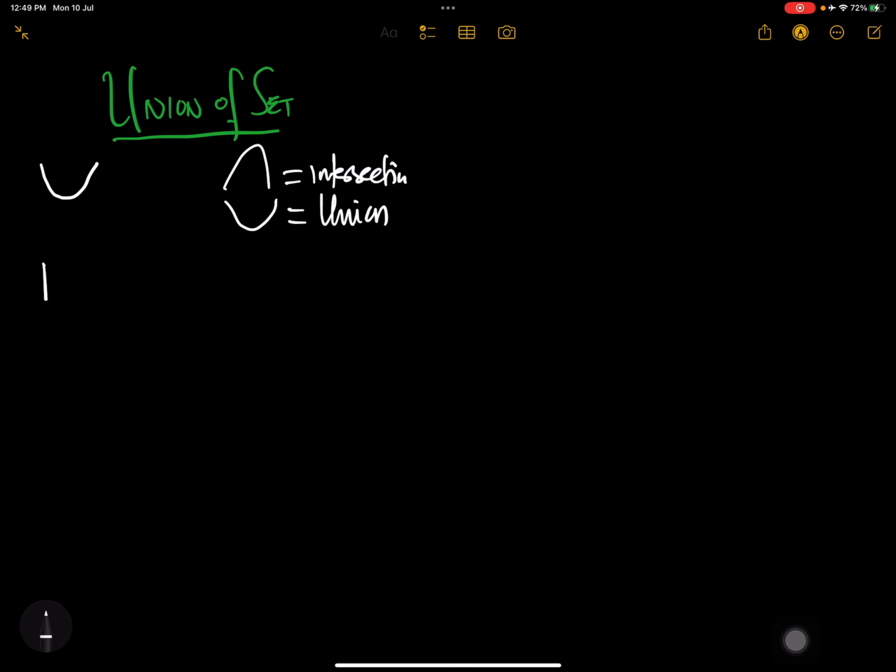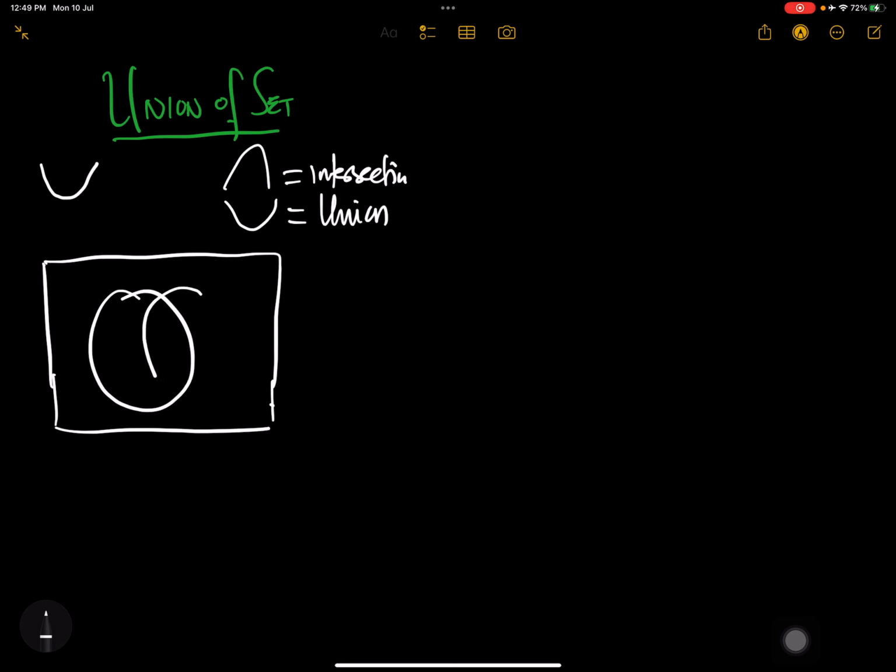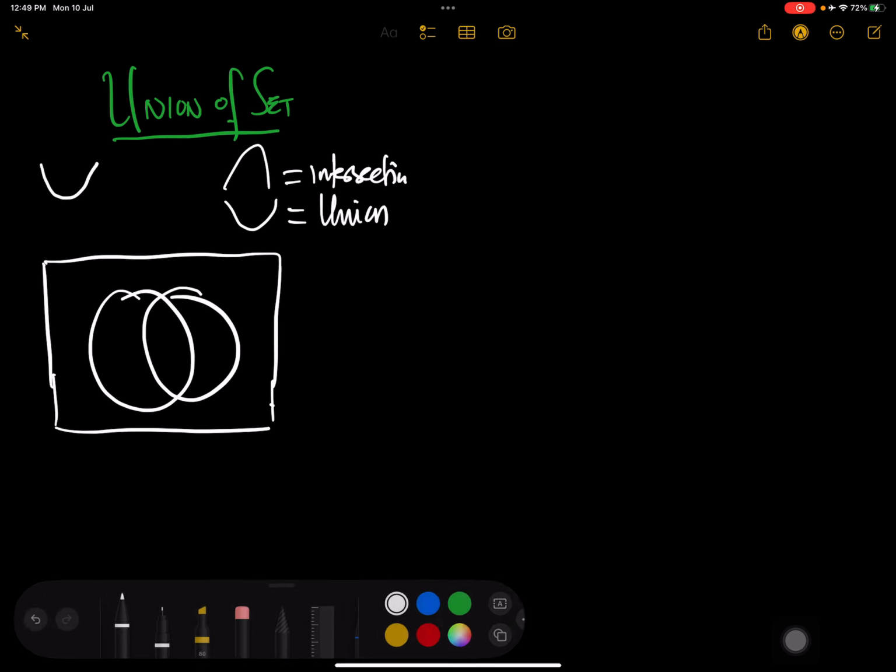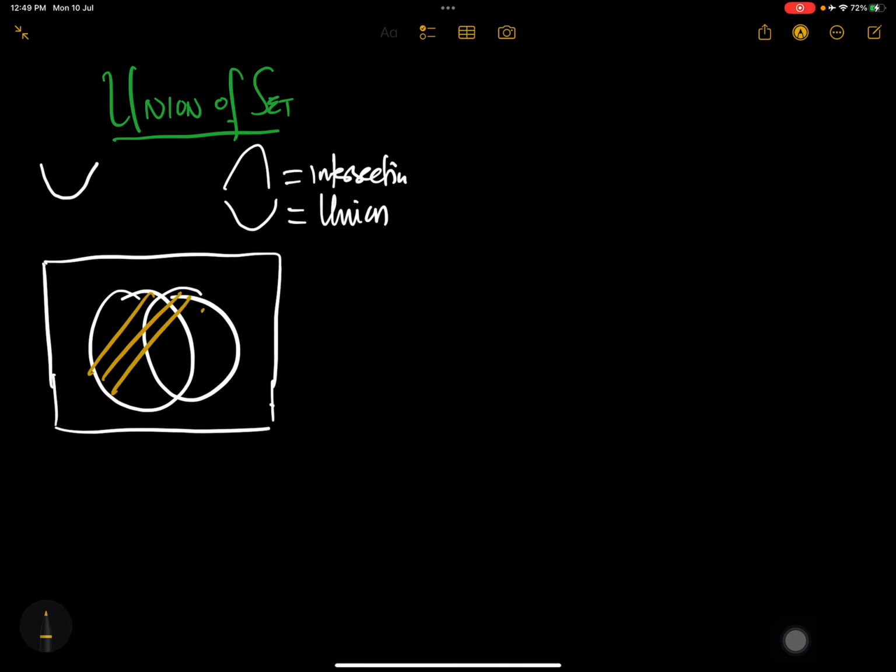We can also see it in a Venn diagram like this. When you say A union B, we shade all of it, which is sets A and B. That means we are shading everything. That's A union B. So let's keep that at the back of our mind.